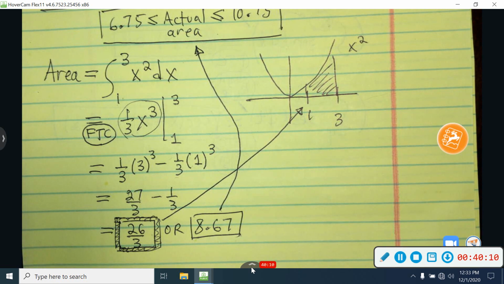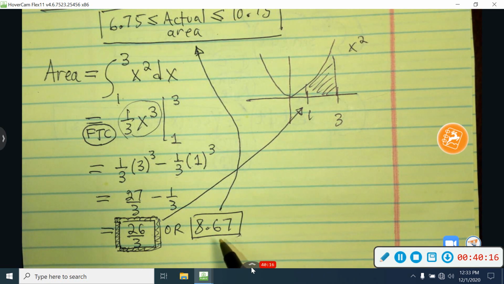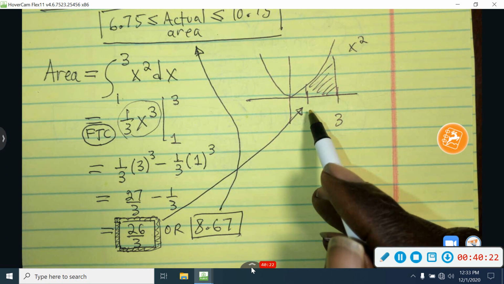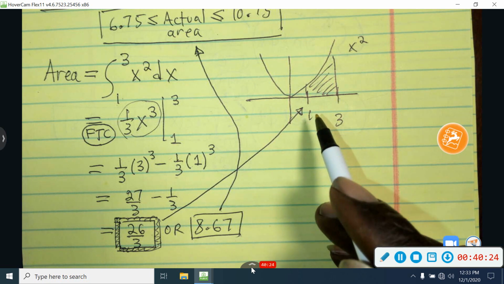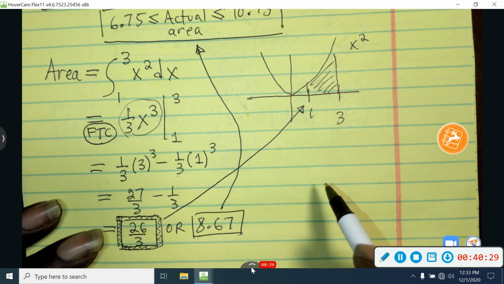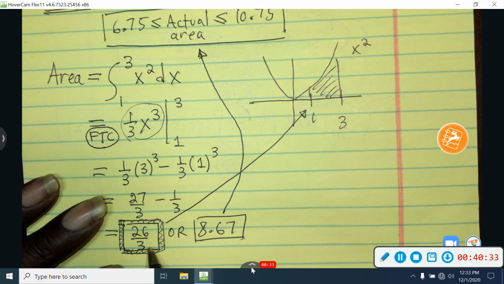But I'm saying if the function is not positive over the interval, then this number might not come out to be the area, because some of the heights of your boxes could be negative. Remember, we're using function values for the heights of these boxes. So let's do an example like that, showing that this number you get isn't always someone's area.